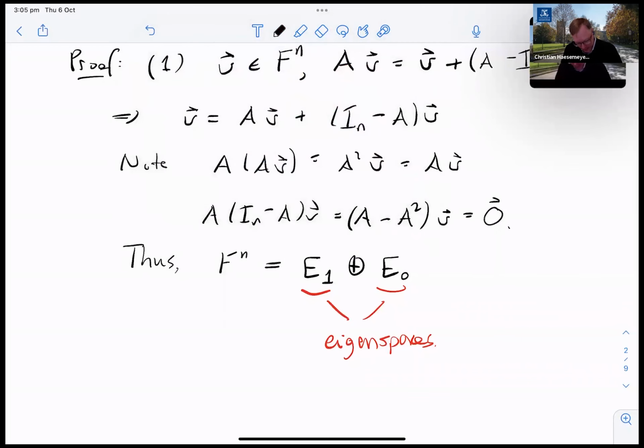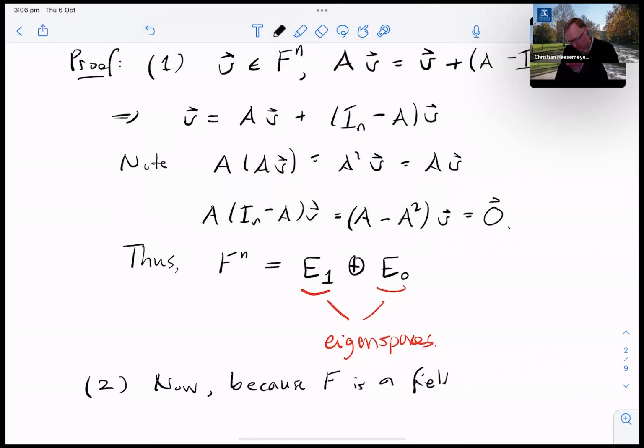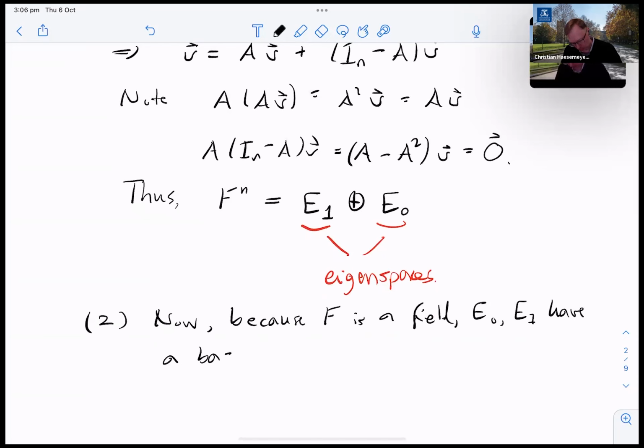But there's something hidden here that we just take for granted in linear algebra because we can do row reduction or the Gauss-Jordan algorithm. So now comes into play that F is a field. The eigenspaces E0 and E1 have a basis, because every vector space has a basis.